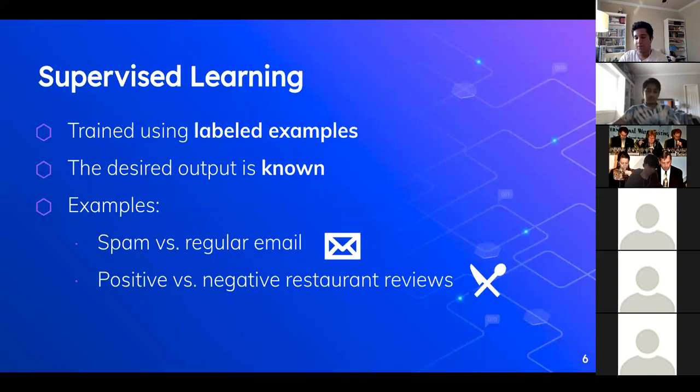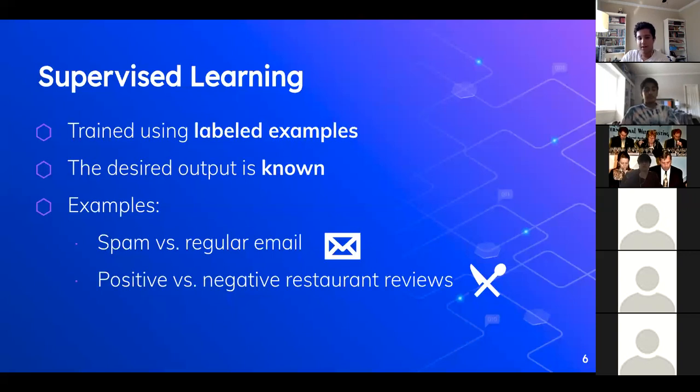And as a result, when the model learns from this data that we own, we can use this model to look at data that's never been seen before. So even though we've trained it on a data set of spam versus regular email, once it's accurate enough, you can give it an email that was not in the data set, an email that it's never seen before, and it's able to detect whether or not it is spam or just regular based on that, if that makes sense.